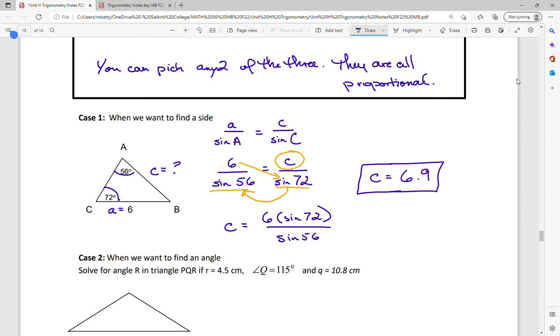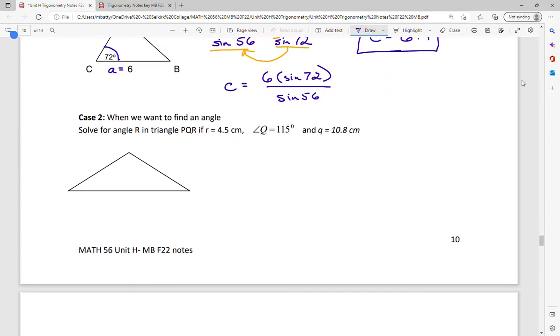So that's how we use the sine law, and when we use the sine law, and how we solve for a missing side. The next one is solving for a missing angle. So we need to label up this triangle a little bit. We've got triangle P, Q, and R. And I know some information.